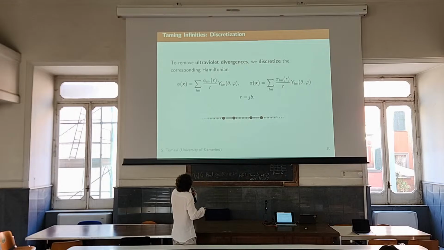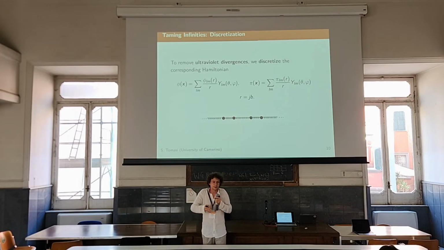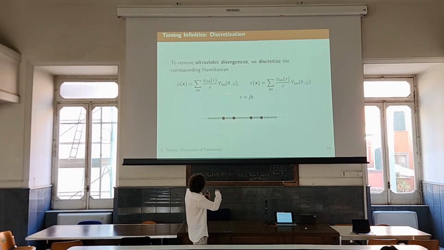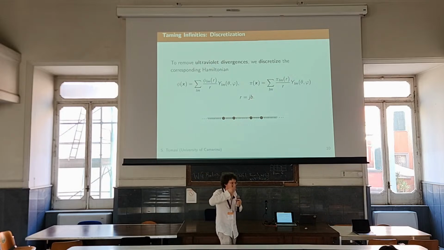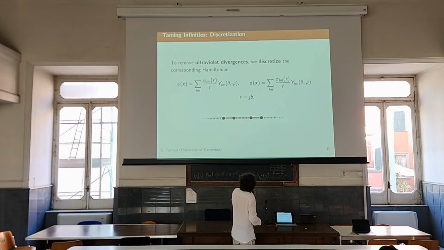The way we employed is to discretize the Hamiltonian, and the discretization is two-step. In the first step, we decompose the angular variables through the standard spherical harmonic decomposition. Then we discretize also the radial variable, with this B, which is the cutoff that limits the maximum energy and renders the entanglement entropy finite.